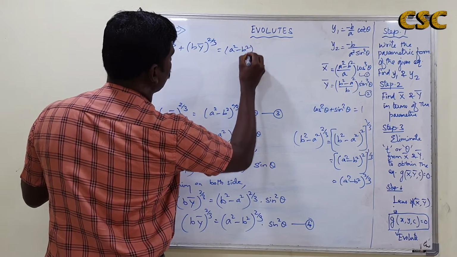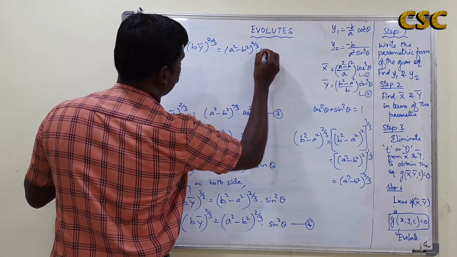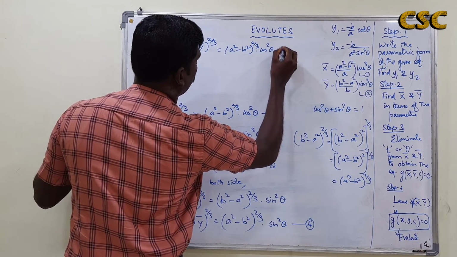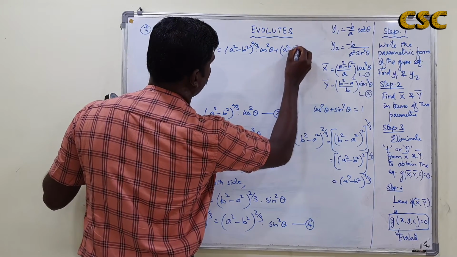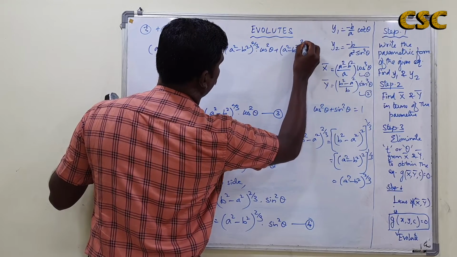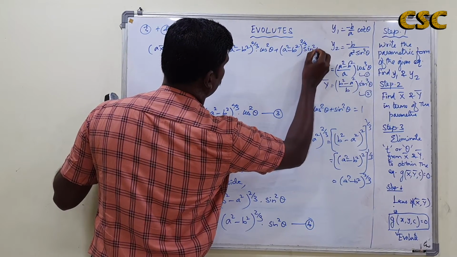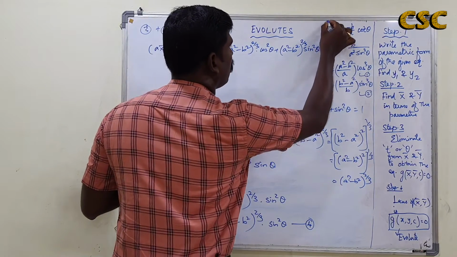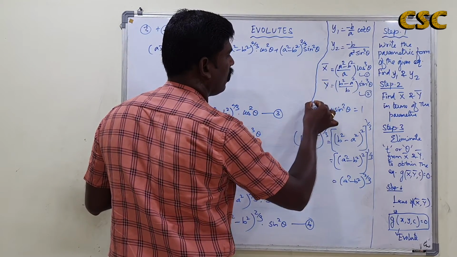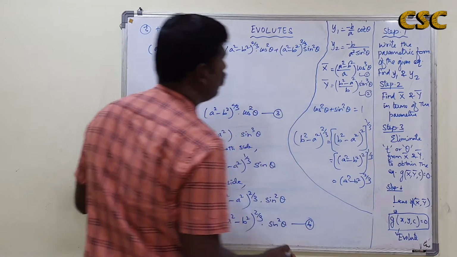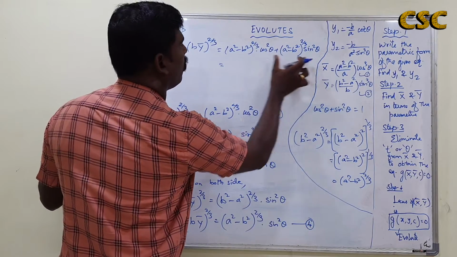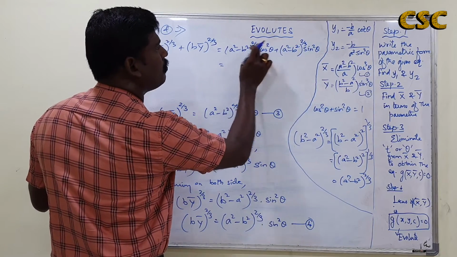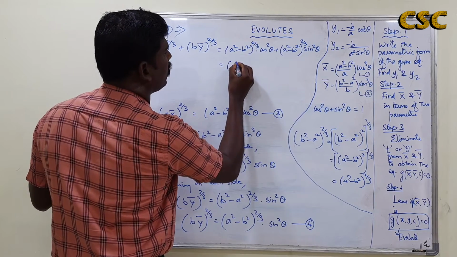(a square minus b square) to the power 2 by 3 into cos square theta plus (a square minus b square) to the power 2 by 3 into sine square theta. What is common from both of the two terms? What is common in the right hand side? (a square minus b square) to the power 2 by 3 is common in the right hand side.